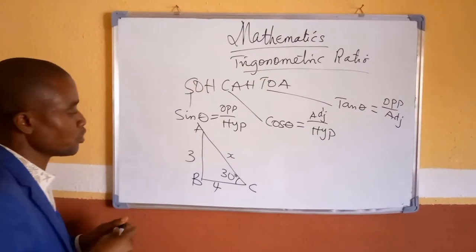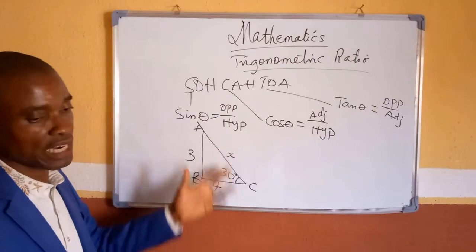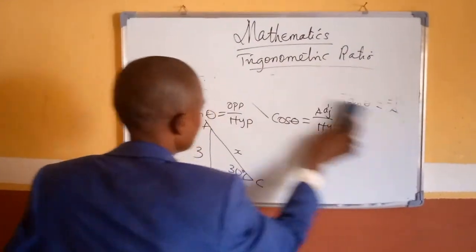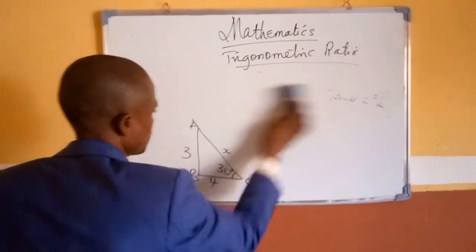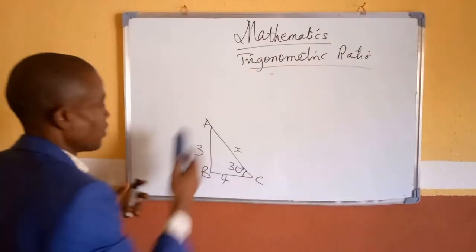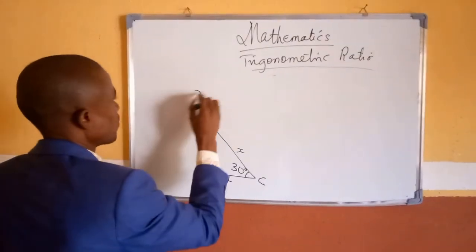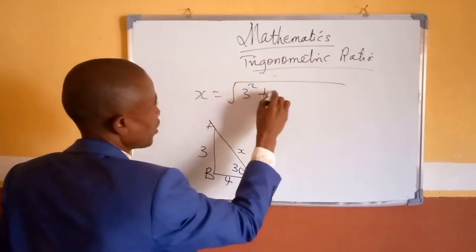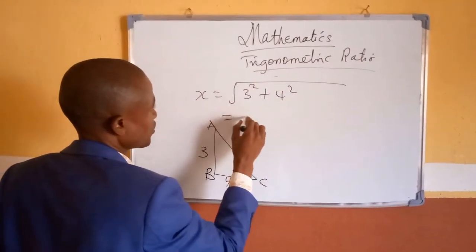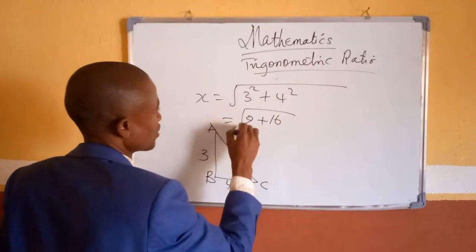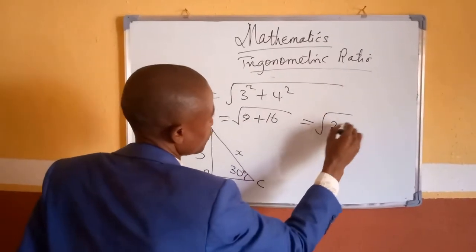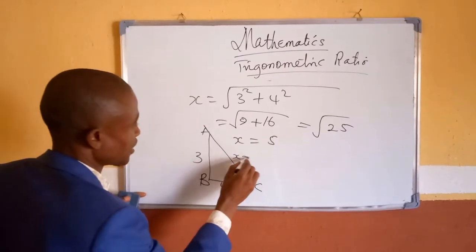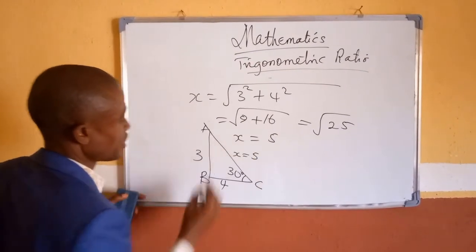First of all, we can use Pythagoras theorem to find the value of x. x equals root of 3 squared plus 4 squared, and that gives us 9 plus 16, giving us root 25. Therefore, x equals 5.